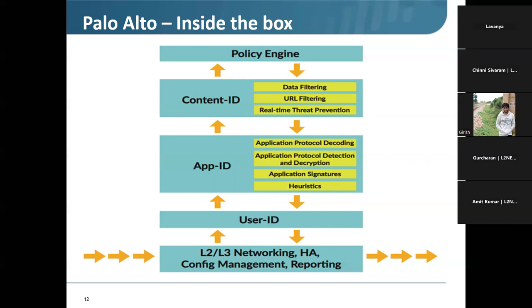But here in Palo Alto, all these things are combined in one box. Before this, you purchased ASA, IPS, antivirus, anti-spyware, vulnerability protection, AMP for malware protection, and WSA for URL filtering. At that time, no firewall provided all these features in the same box. But Palo Alto launched and included all these features in one box.